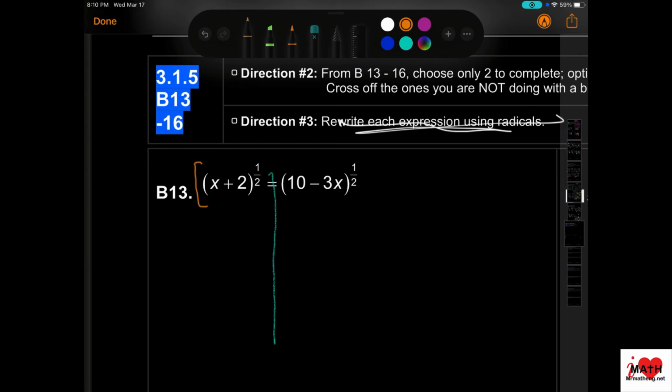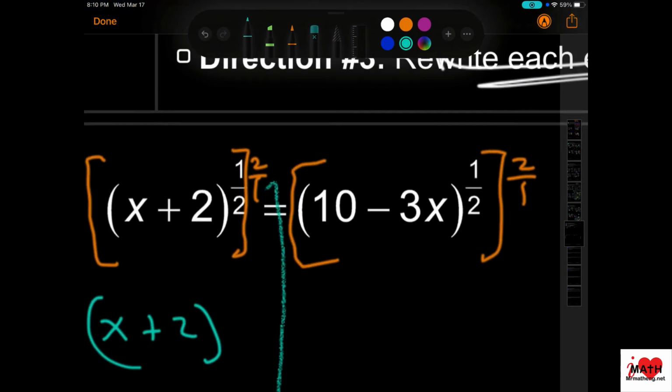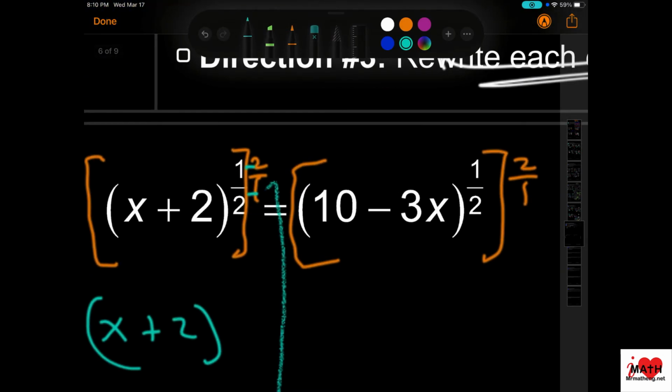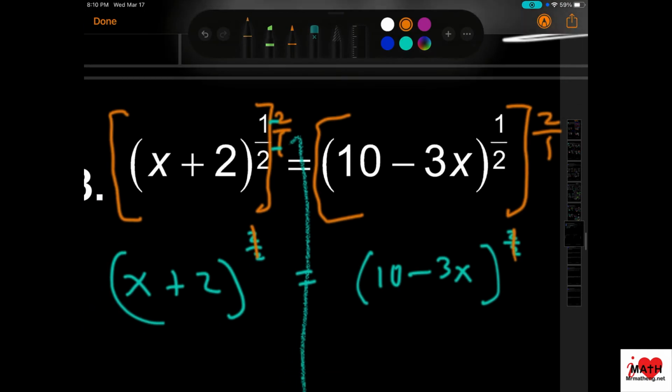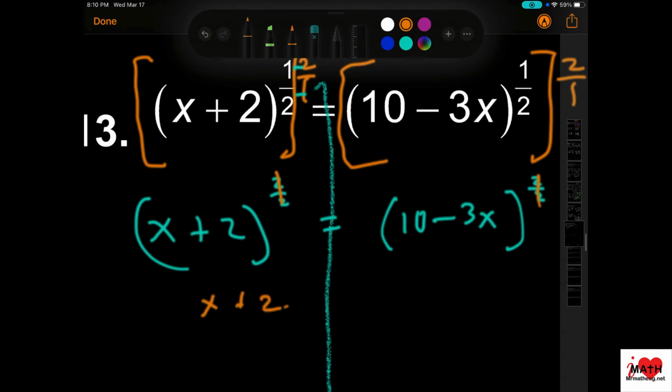If I multiply by its reciprocal, which would be 2 over 1, and if you do it to one side, you do it to the other, what you're going to get is x plus 2 to the 2 over 2. Over here, those are going to equal 1, so you're just going to get x plus 2 equals 10 minus 3x, right?